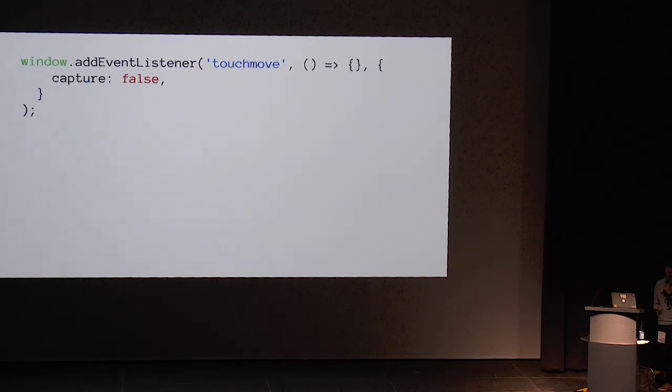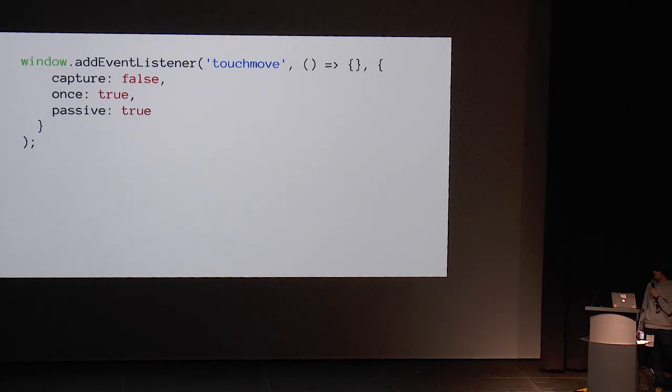But there are also two new ones, which I would like to talk about briefly. The first one being once. If you set once to true, then when your event handler is called, it will be removed automatically for you. So it will only be called once, as the name already says. And this saves us from writing a lot of boilerplate, or using jQuery, for that matter.